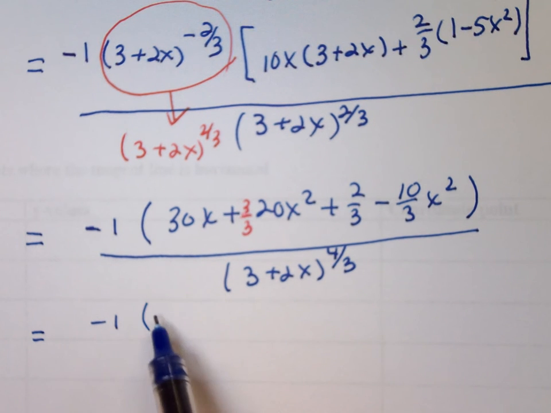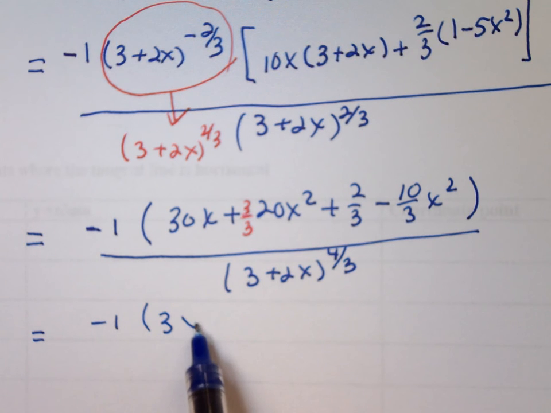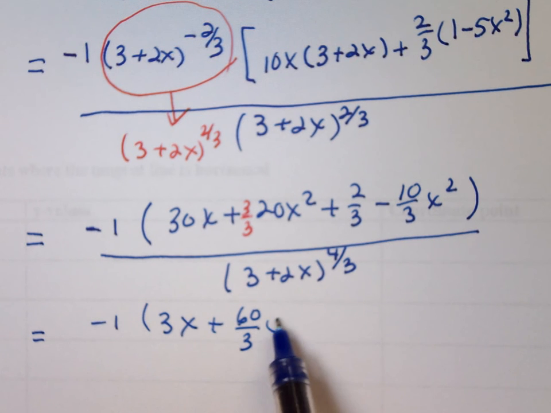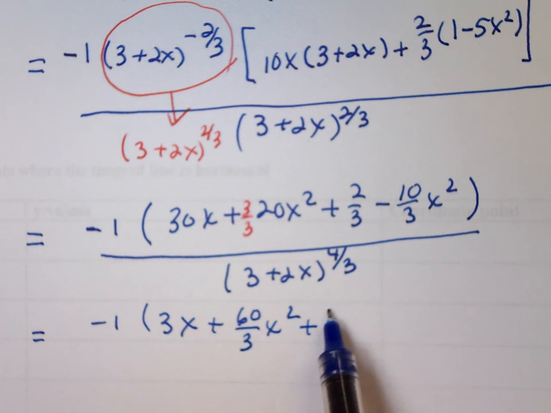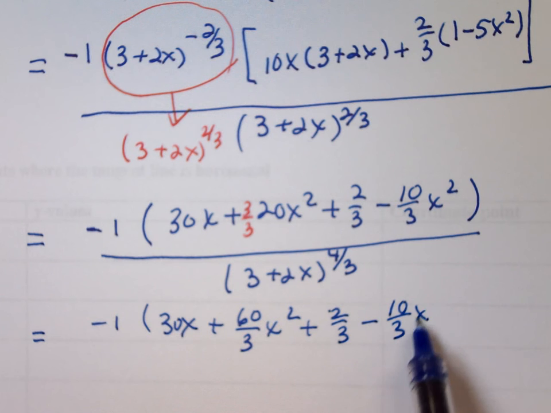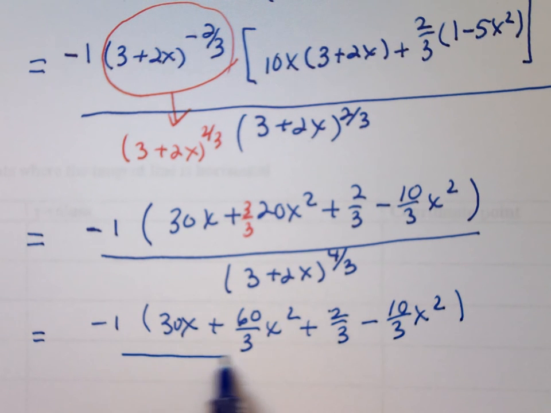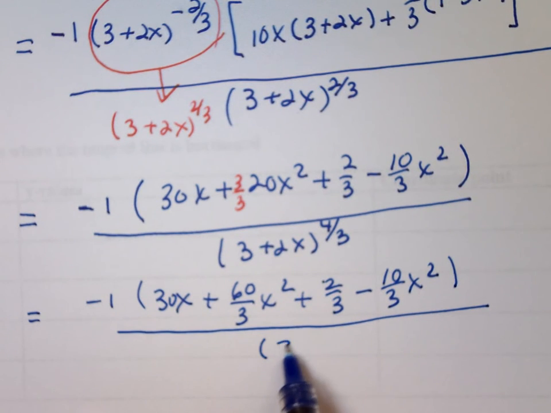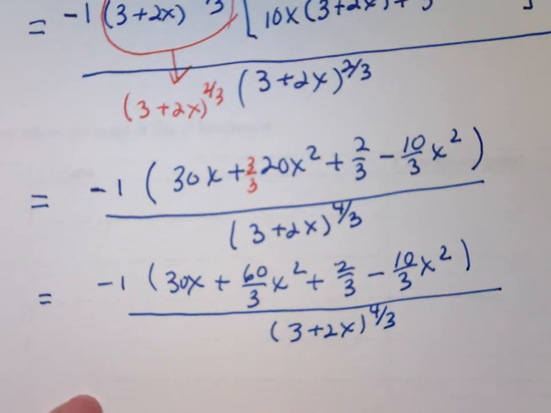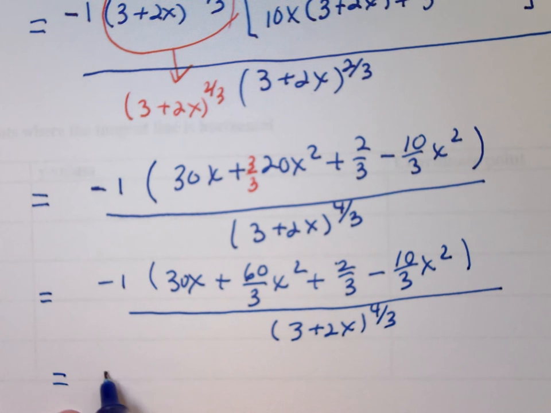So this would be a 30x plus 60/3 x squared plus 2/3 minus 10/3 x squared all over 3 plus 2x to the 4/3. Minus 1. We have 60/3 minus 10/3 is 40/3.